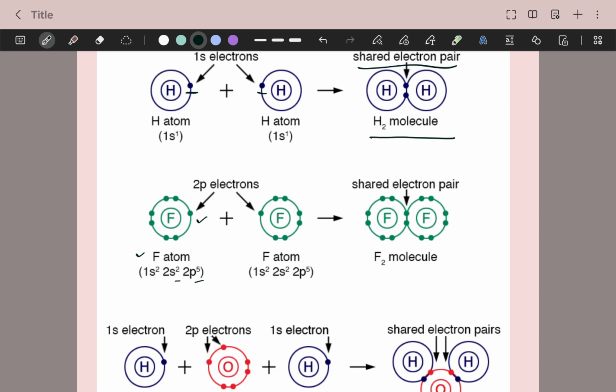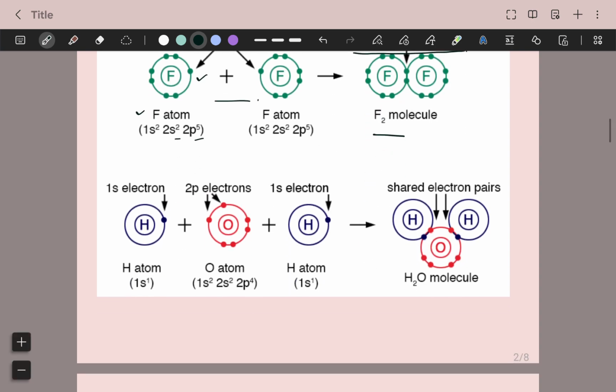Totally there are 7 valence electrons, and the tendency of the second shell is for 8 electrons. So 2 atoms come close to each other and definitely attract. The positive attracts negative, the electron pair is shared, and we get the F2 molecule.